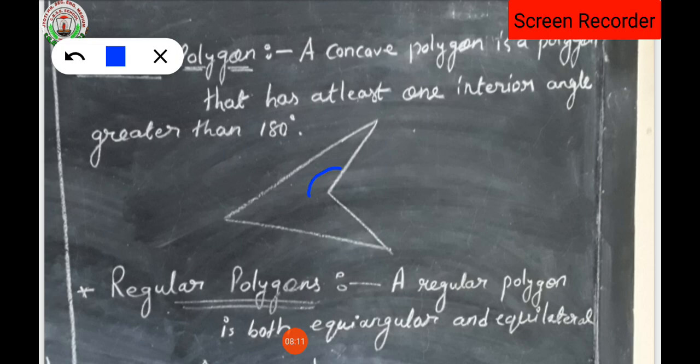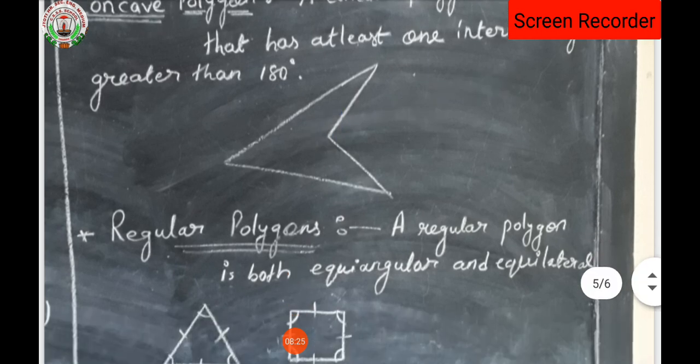Suppose this is the interior angle, so it should be greater than 180 degrees. Suppose it is 190 degrees. Such a kind of figure is said to be a concave polygon. Have you understood, everyone? Hope you people understood.